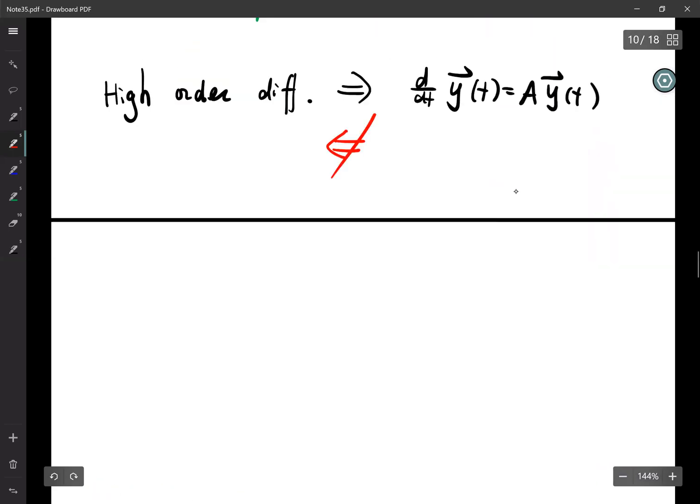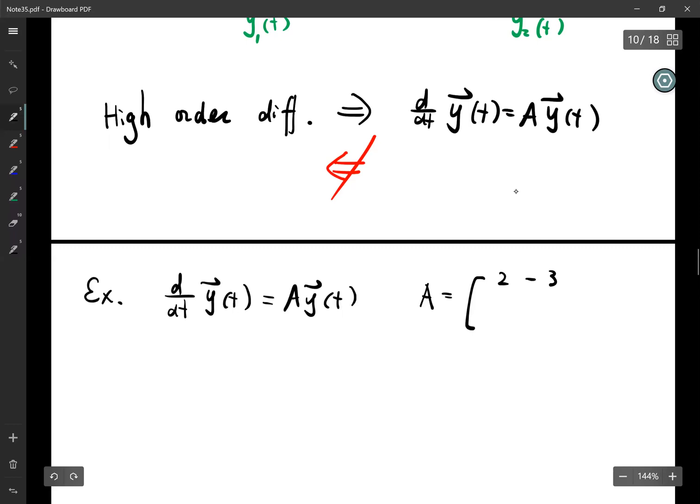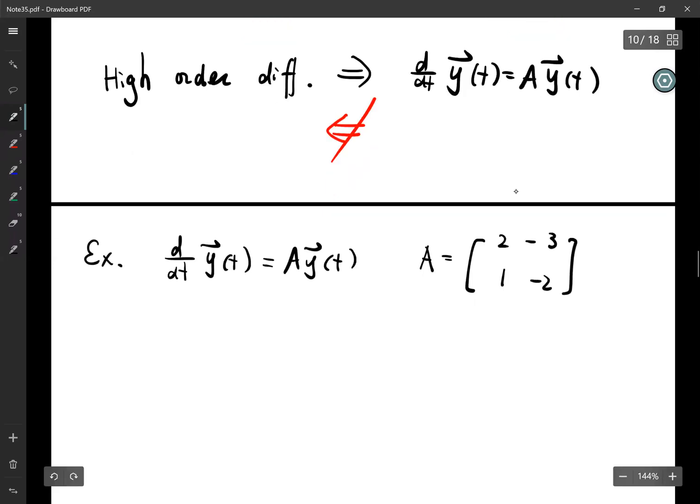So now if you're given arrays with a different A, which doesn't look like that, the previous theorem still applies, and we can still solve the problem. Let's say A is 2, minus 3, 1, minus 2. This one doesn't really come from any higher order differential equation, but that doesn't prevent us from solving it at all.